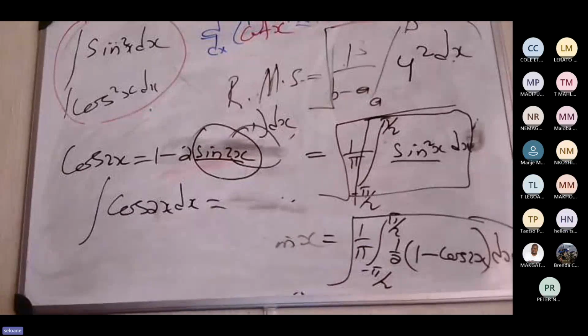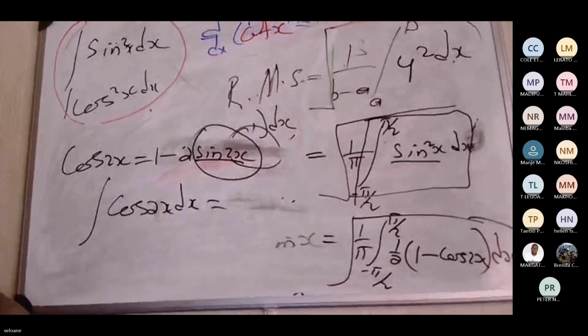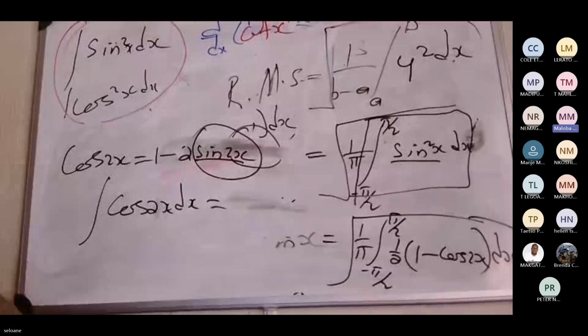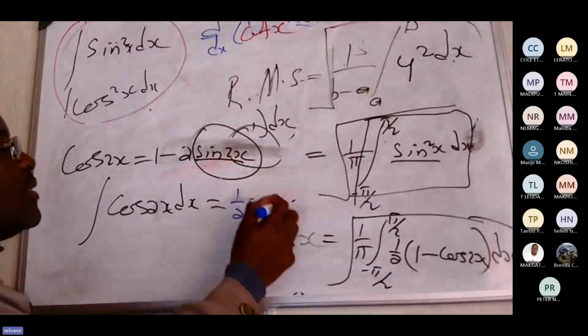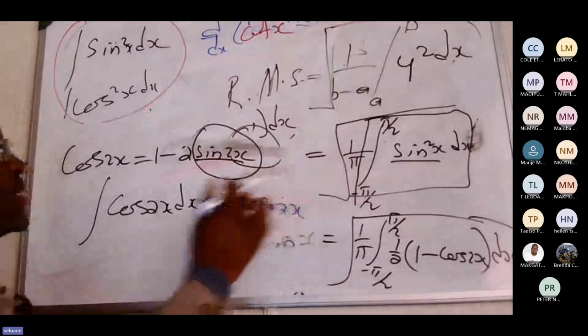You can't say sine 2x. What is the answer? Half sine x, that's right. It will not be half sine x, it will be half sine 2x.